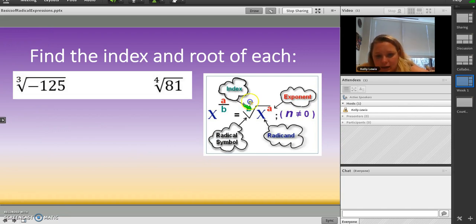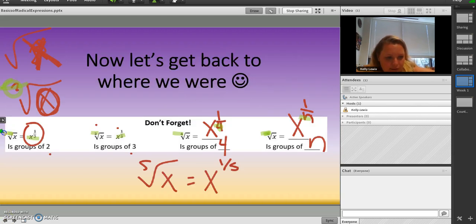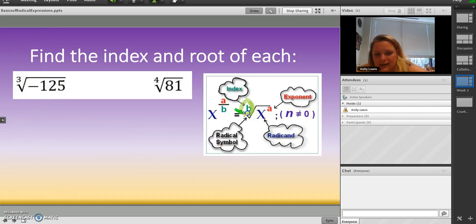This little number right here, like the 2 or the 3 or the 4, that's called the index. I'm not going to ask you about it, aside from these couple of questions right now, because I need you to practice a couple of things before I go into what I'm really going to ask you later.